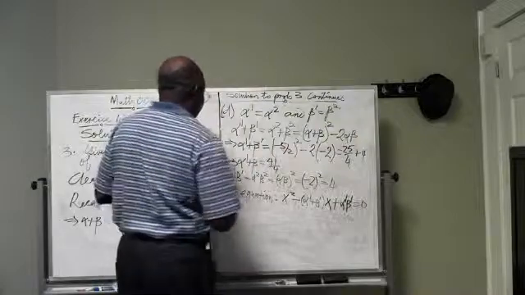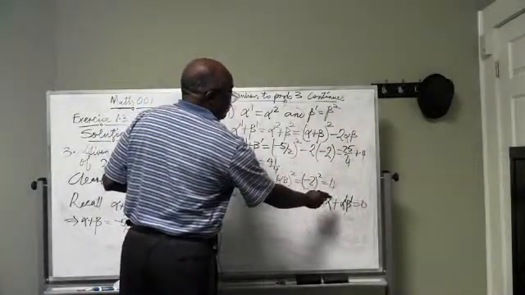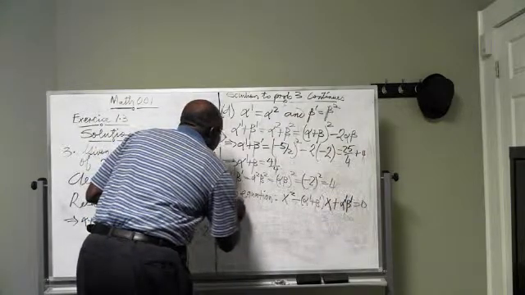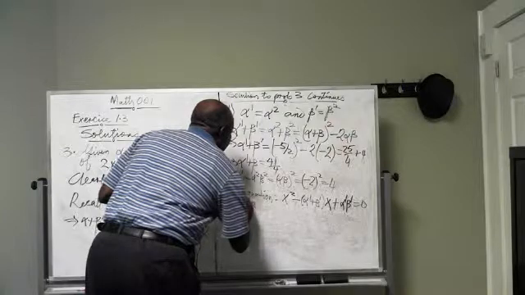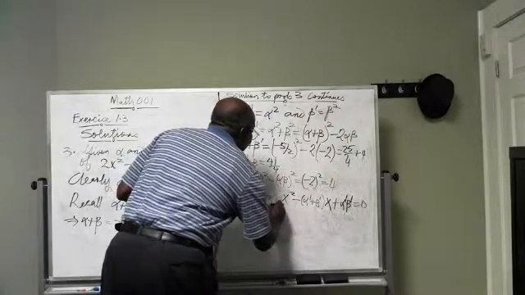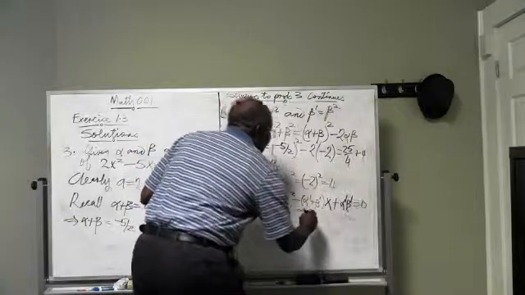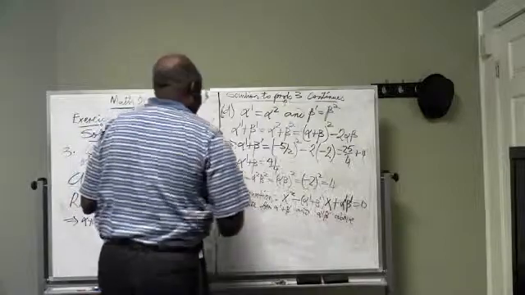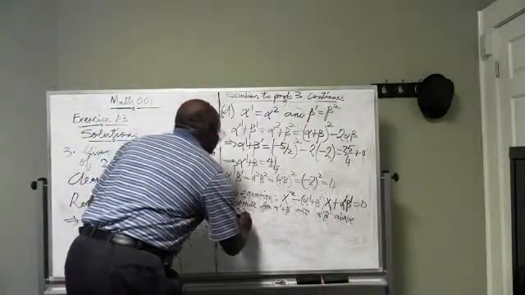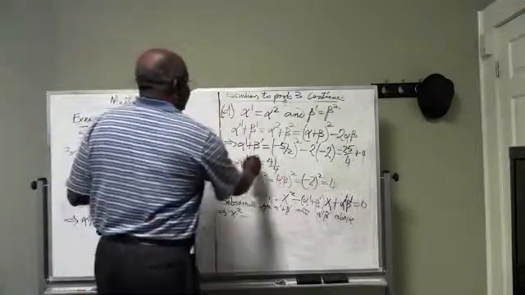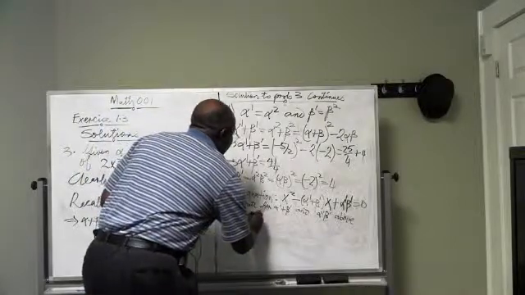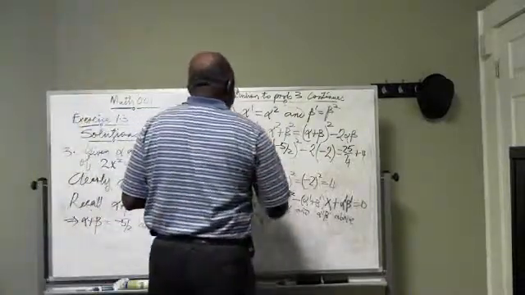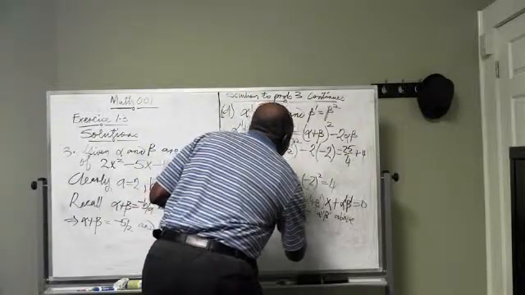So if we substitute for alpha prime plus beta prime and alpha prime beta prime above, we have x squared minus 41 over 4 all over x... alpha prime beta prime equals 4, equals 0.